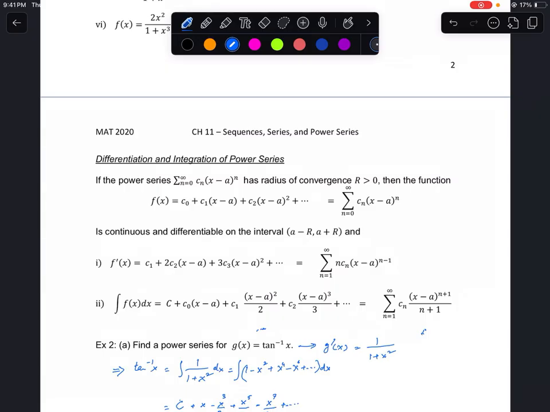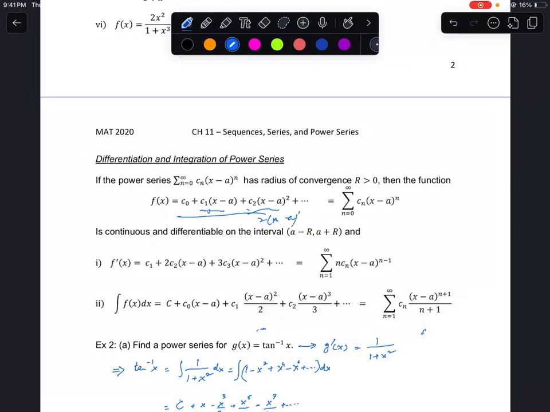So looking at this one, if I want to differentiate, then f prime of x will be equal to, now the derivative of c naught will be 0 because c naught is a constant, plus c1 times the derivative of x minus a, which is 1, because we are differentiating with respect to x. So we get c1 plus, when I differentiate this one, c2 is a constant so it stays there, but the derivative will be 2 times (x minus a) raised to 1, or 2 times (x minus a).